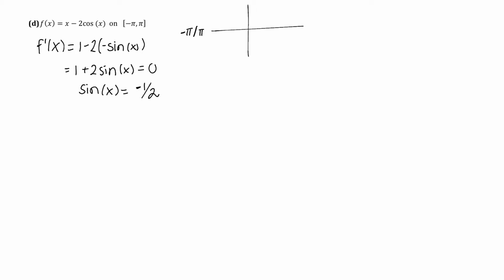All right, because pi is this amount and -pi is back here. So this is 2 pi, it's just that it goes from -pi to pi. So really, it kind of looks like this. It starts here and then goes all the way around.